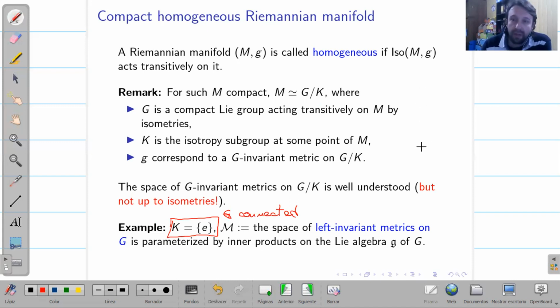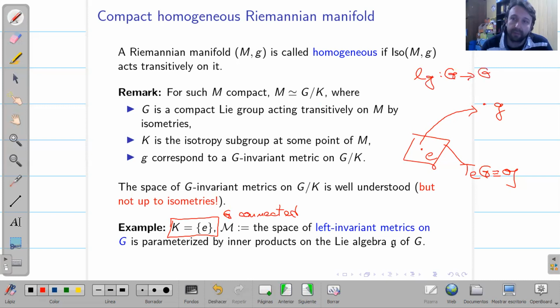Well, you have a point e and a point g, and of course you have the tangent space at the identity, which is naturally identified with the Lie algebra. And here you have a very well known diffeomorphism, which sends x to g times x.